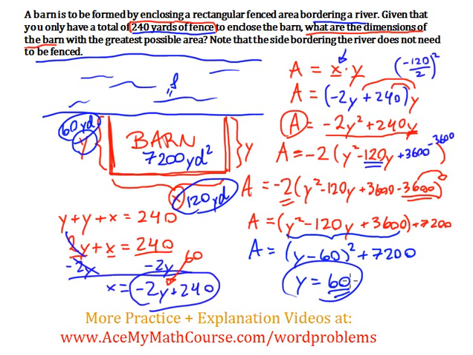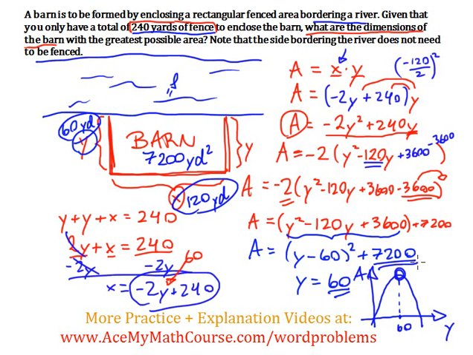And why does this happen? Why is y being 60 what's going to maximize the area? Because look at this. I'm just going to draw, don't have too much room. But if we basically maximize the area, and that's the area, and those are the values of y, if I pick 60 for y, that's going to be the vertex here. The highest possible area would be 7,200.